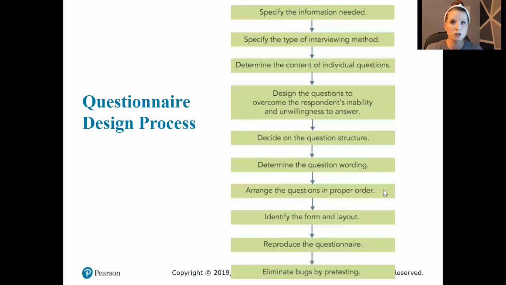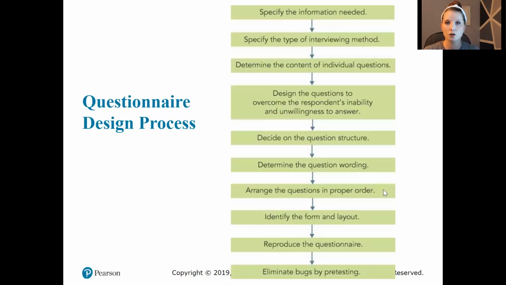The first thing we need to do is specify the information needed. We need to figure out what data we actually need to collect in order to answer or resolve or find some solutions to the problem that our client or our firm is facing. This is going to be based on the problem statement that was already developed earlier in the market research process.